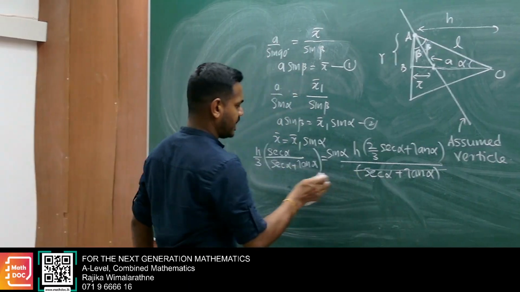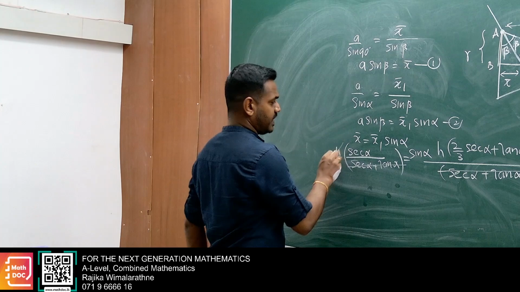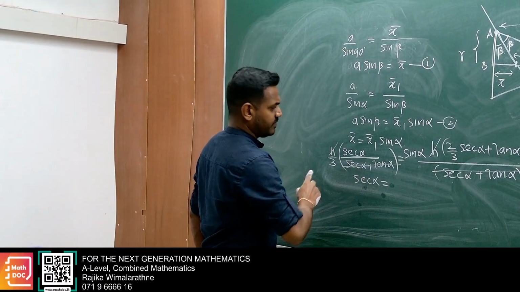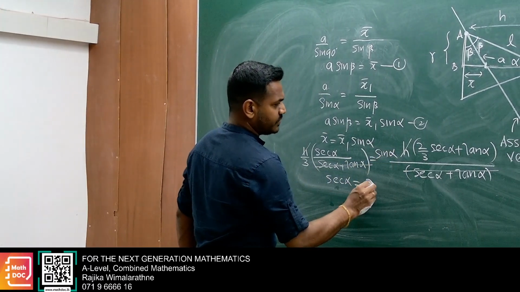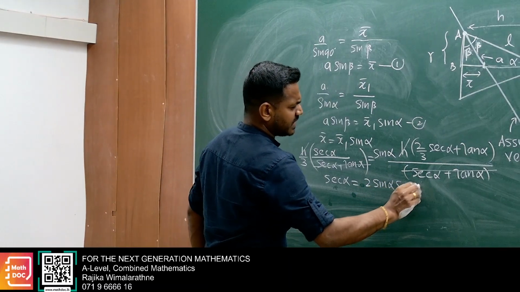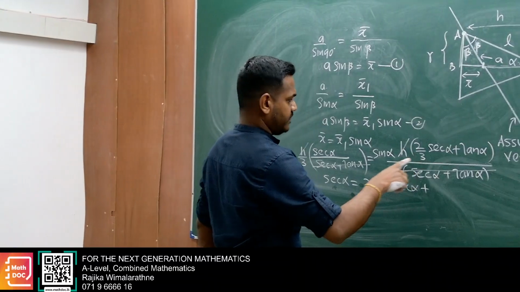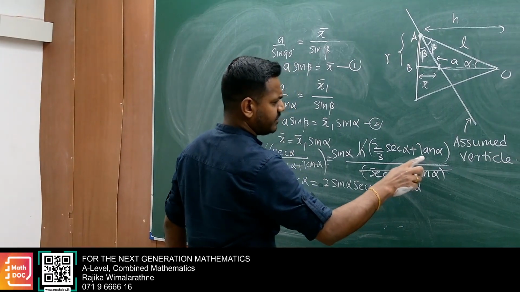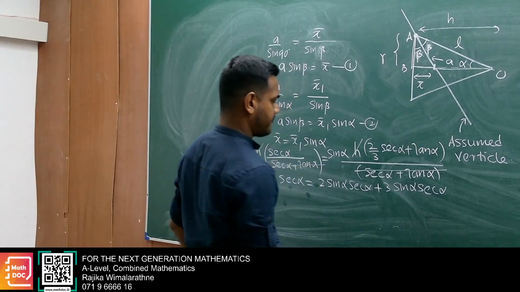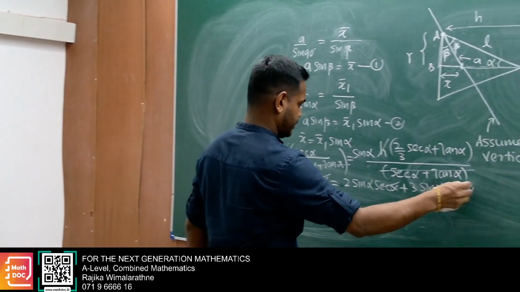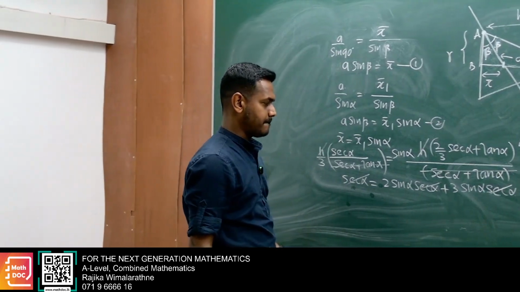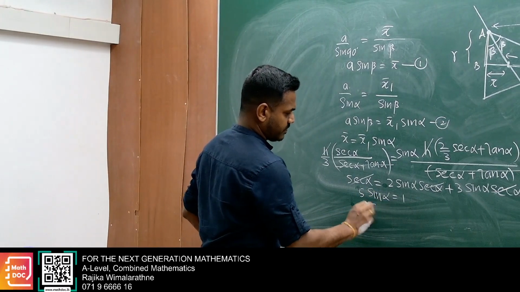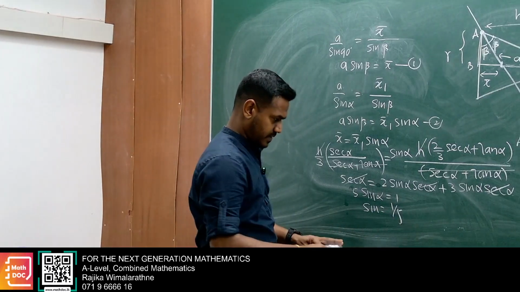Now simplify, cancel h. Then sec alpha multiplied by 3, then 2 sin alpha sec alpha plus 3 sin alpha sec alpha. Then cancel sec alpha. Sin alpha is 1 over 5.